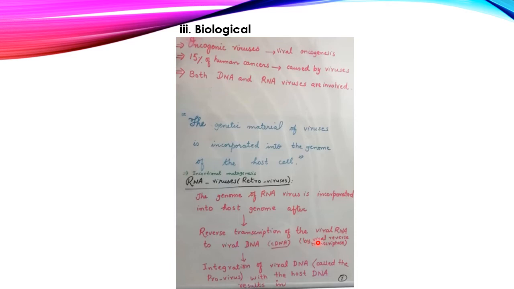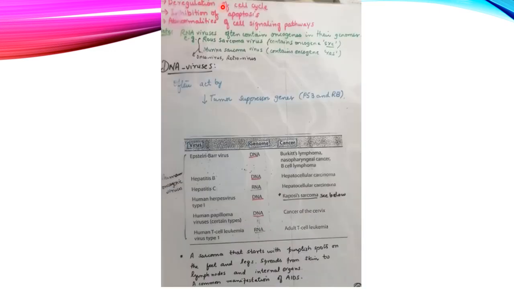First, the viral reverse transcriptase enzyme converts viral RNA into viral DNA, which is called cDNA. And then that viral DNA is integrated with the host DNA, as a result of which it causes deregulation of the cell cycle, so that there is no control over the cell cycle and there is massive production of cancer cells.